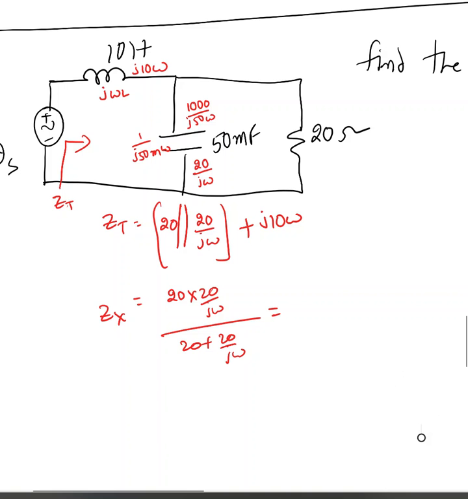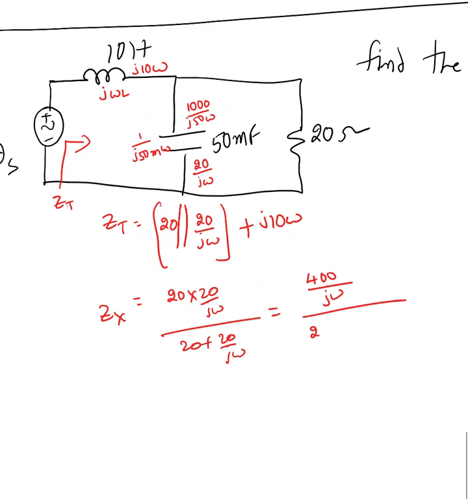Zx equal to, so here it's going to be 400 over J omega divided by 20 J omega plus 20 divided by J omega. J omega cancel, so it's going to be 400 divided by 20 J omega plus 20.